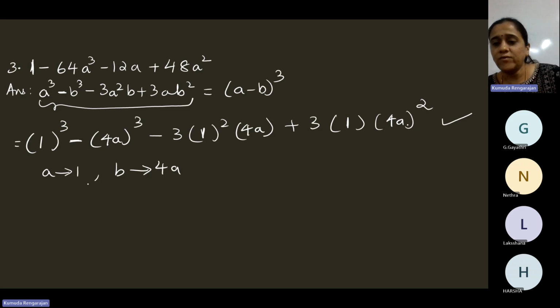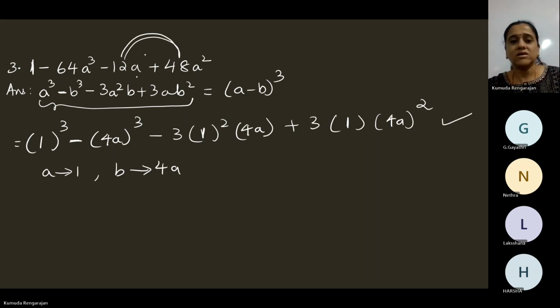And then this one, 4a, the whole square. 4a into 4a, 16a square. Into 3, 48a square, yes. Order can be different. Supposing you had 48a square here and minus 12a here, that's okay. You can just exchange it and write it. But here the order is also correct. Okay. Is this fine?